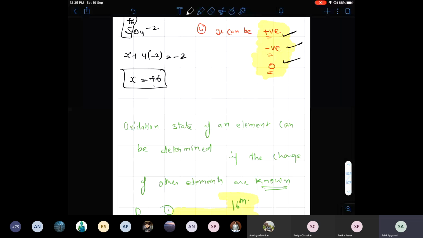Because charge can tell you whether the electron has been lost or has been gained. When you are saying +3, that means that particular element has lost 3 electrons. When you are saying -3, that means that particular element has gained 3 electrons. But if you are writing 3, that does not mean anything. Understood? इसीलिए charge mention करना is very much important.